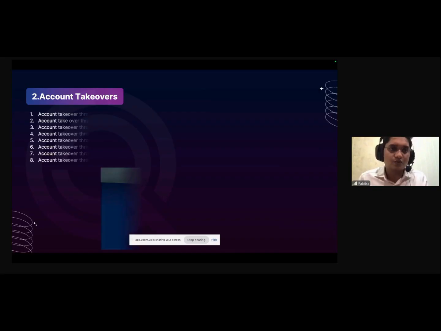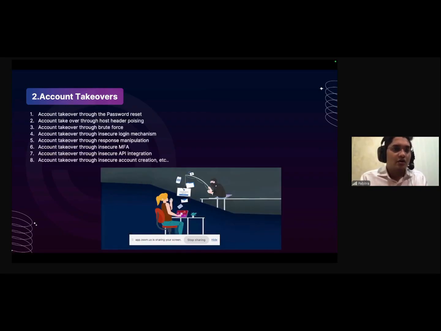I have listed a few, for example, account takeover through password reset, host header poisoning, brute force attack, insecure login mechanism, response manipulation, insecure MFA, insecure API integration, or insecure account creation. These are certain ways through which we can take over an account.